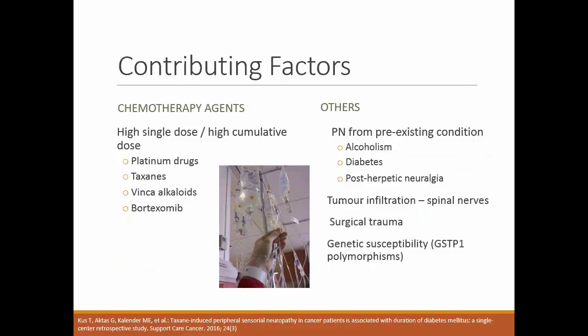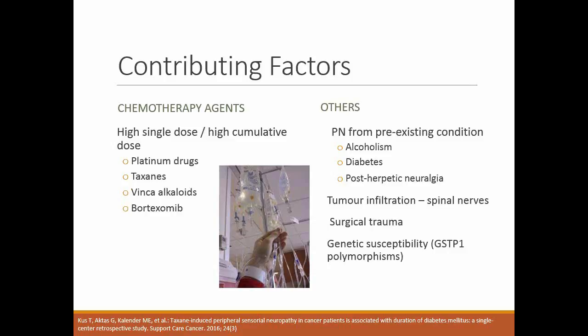So contributing factors. Chemotherapy agents are neurotoxic both as high single doses and high cumulative doses, especially concerning the platinum-based drugs. There are other drugs involved, such as the taxanes, vinca alkaloids and bortezomib. Concerning the other factors, and this has been touched on quite a lot today, are peripheral neuropathies from pre-existing conditions, alcoholism, diabetes and post-herpetic neuralgia.